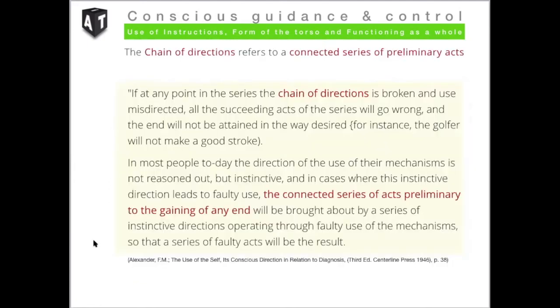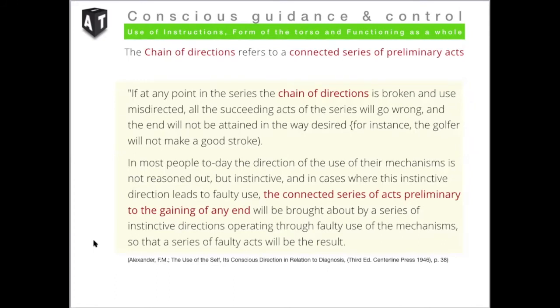So for example, he said, if at any point in the series, the chain of direction is broken and you are misdirected, all the succeeding acts of the series will go wrong, and the end will not be attained in the way desired. For instance, the golfer will not make a good stroke. In most people today, the direction of the use of their mechanism is not reasoned out, but instinctive.